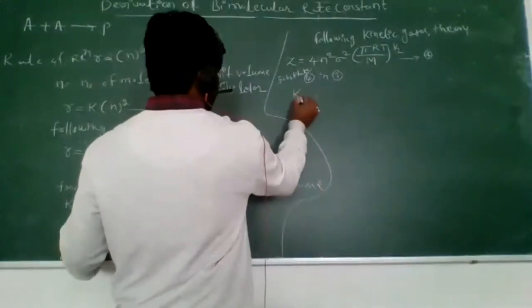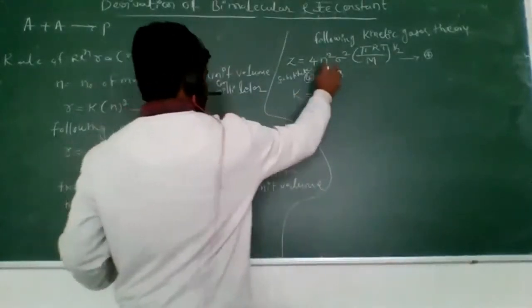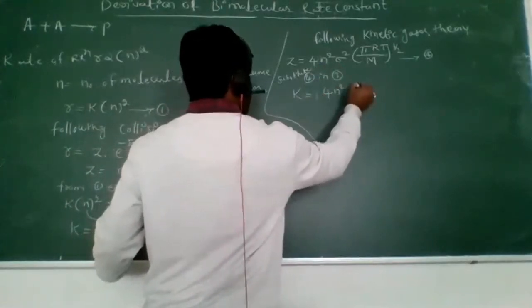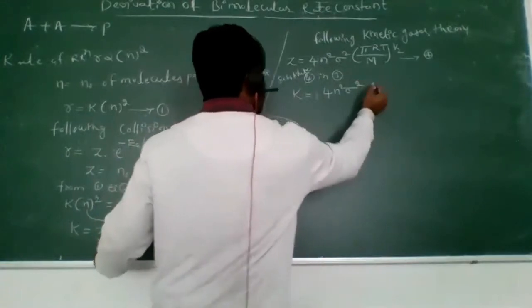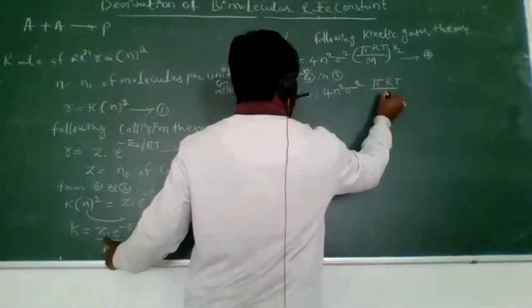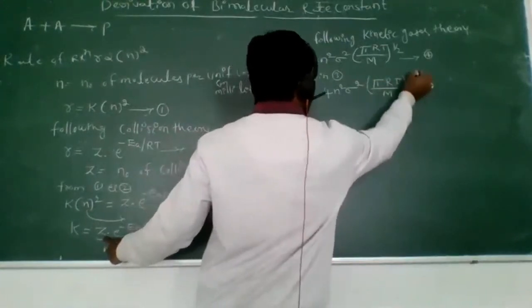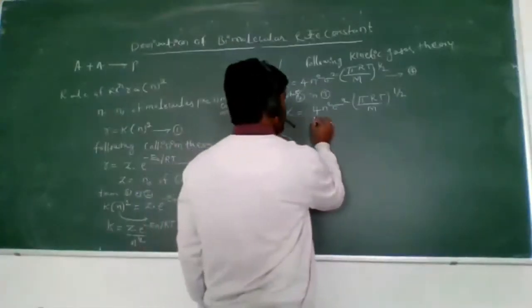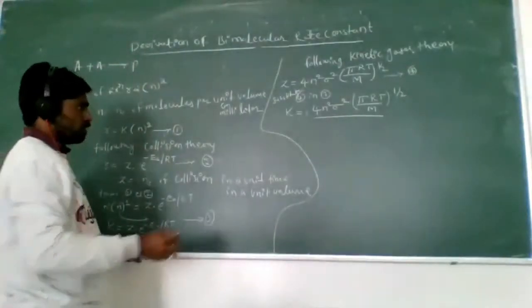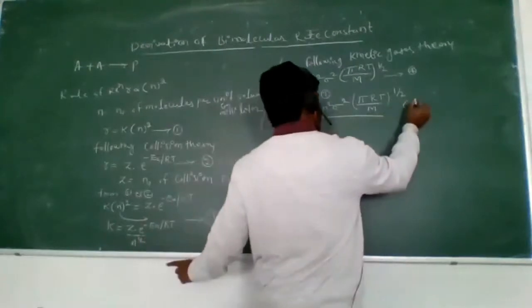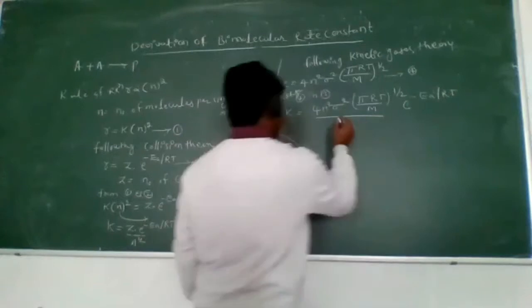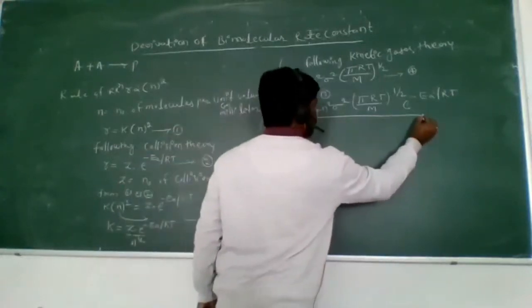Write down. k equals 4 n squared sigma squared pi RT by m to the power 1 by 2, multiplied by e power of minus Ea by RT, divided by n squared.